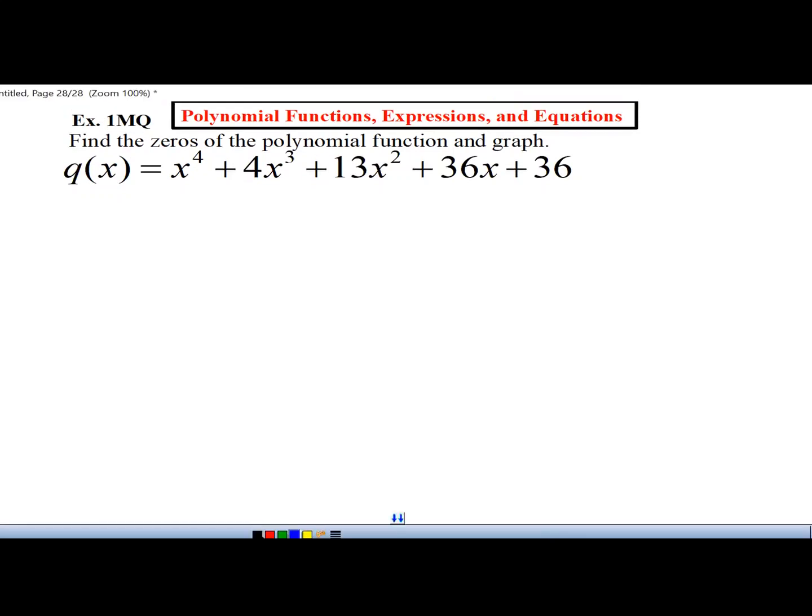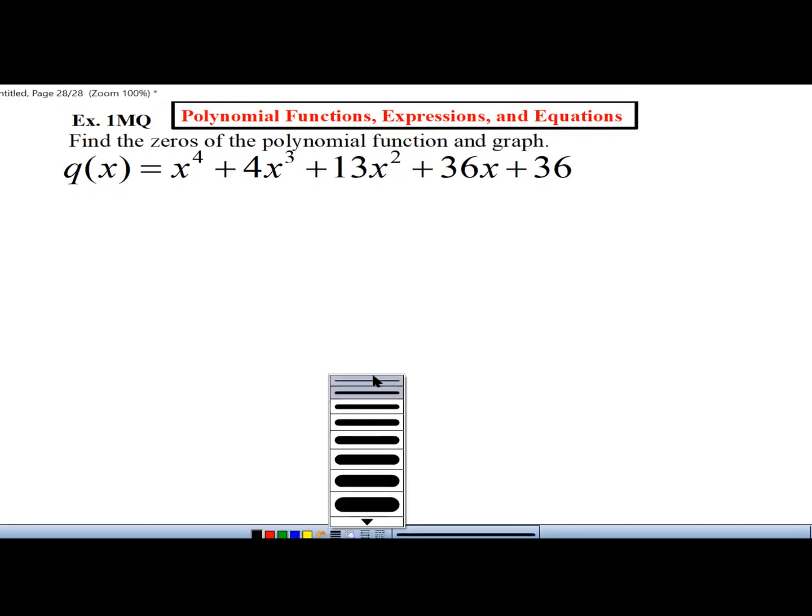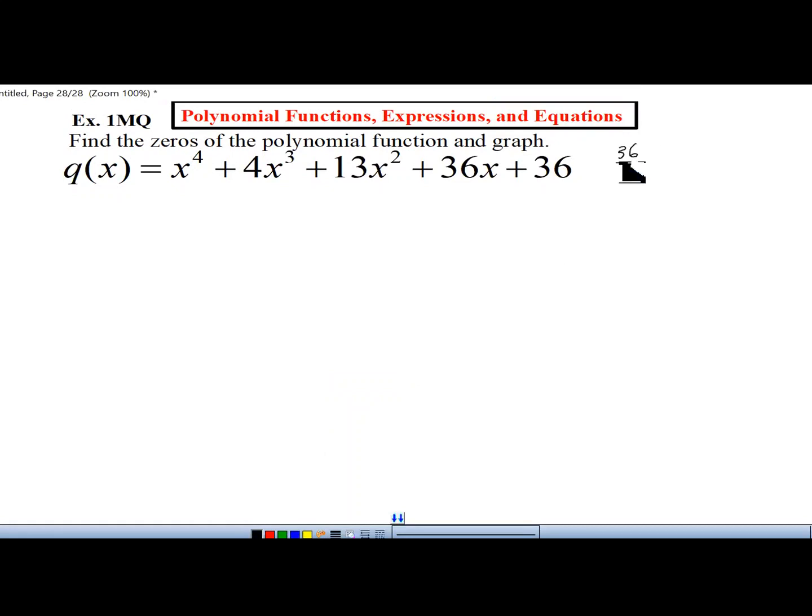So here we go. We got 36 over 1, which is 36. So factors of 36, plus minus, are 1 times 36, 2 times 18, 3 times 12, 4 times 9, and 6 times 6. So all of those.